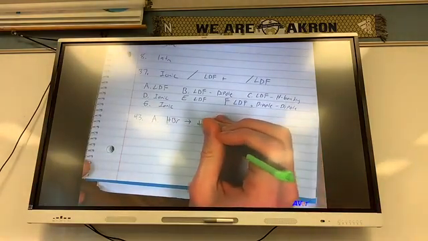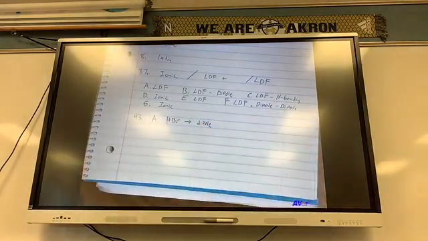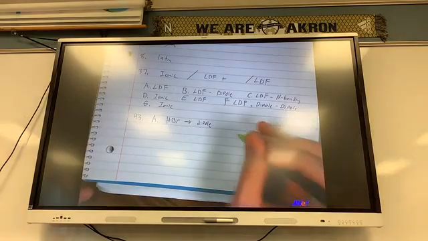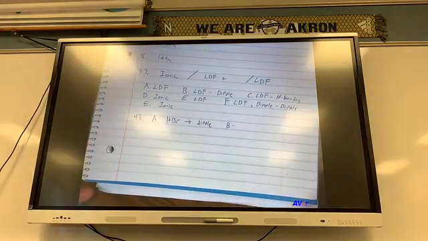So this has dipole. I'm just going to write the strongest one. LDFs are incredibly small. Yes. Okay, letter A, HBr, dipole.